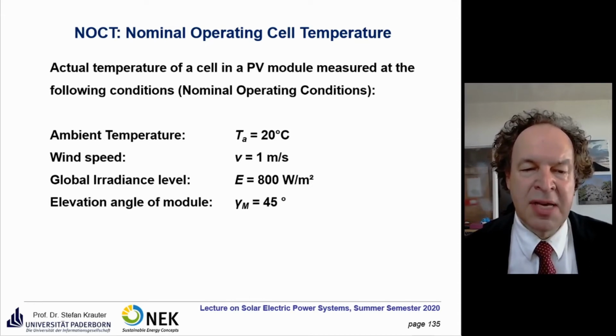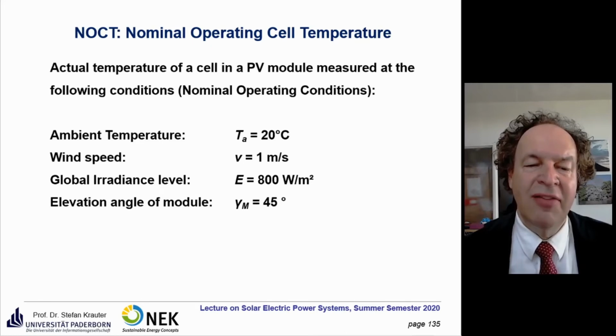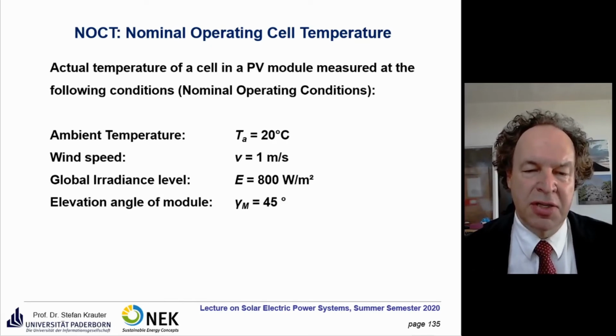Why is it relevant? Because the convection on the module, which determines the temperature, depends very much on the elevation angle of the module. If you have a flat, non-inclined module, then the convection is hindered, and temperatures are usually higher. At 45 degrees, convection is quite good.